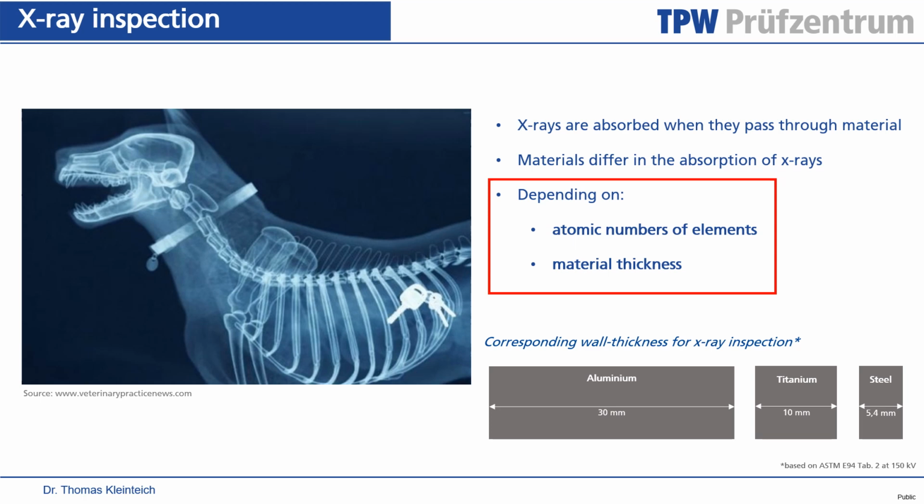So it has a huge impact if you're trying to study an aluminum part or a steel part, because you will have less contrast in the steel part, you will have a poorer X-ray signal because of much higher X-ray absorption of the material itself.